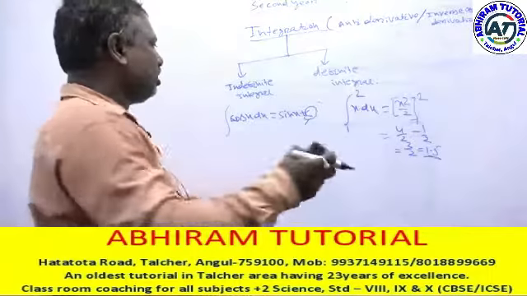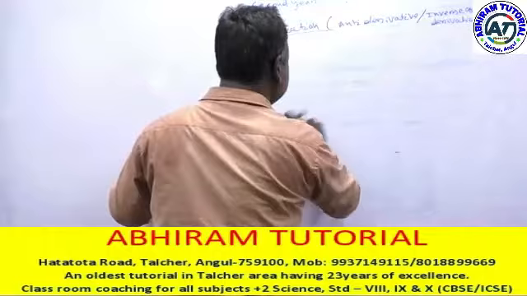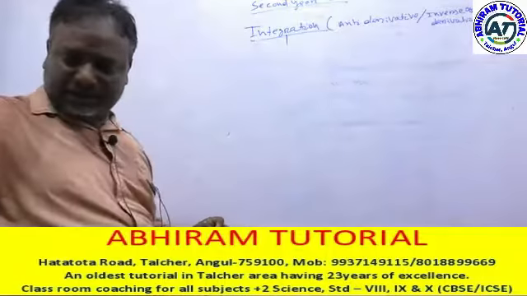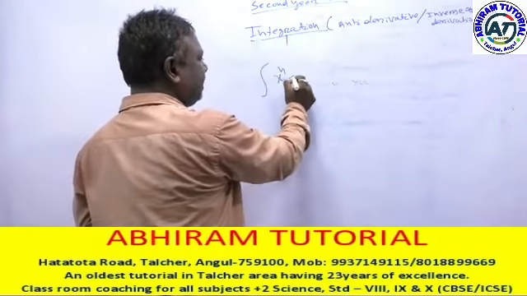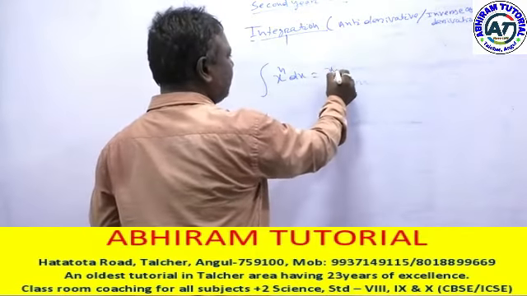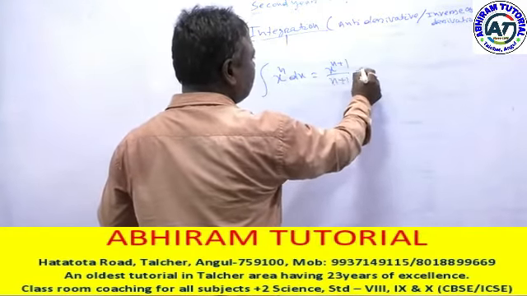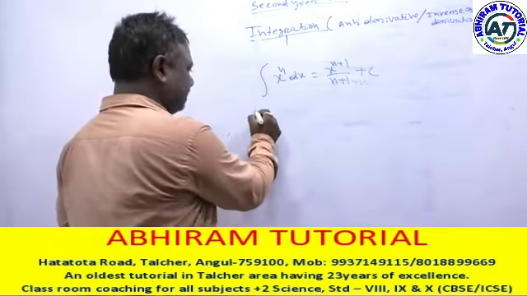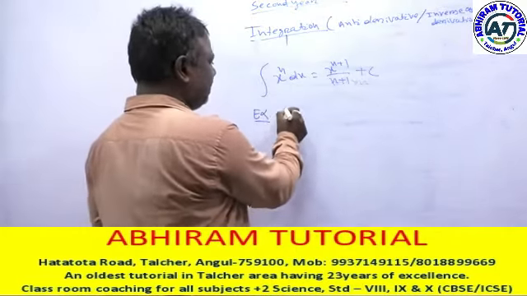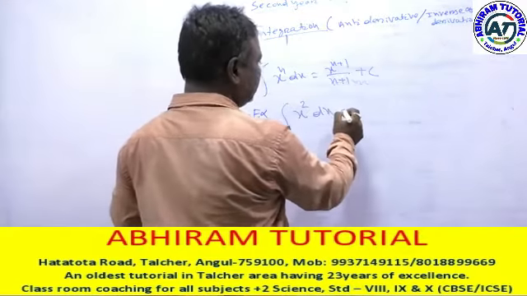So some indefinite integral formulas: integration of x to the power n into dx is equal to x to the power n plus 1 divided by n plus 1 plus c. Here n is not equal to minus 1. For example, integration of x square into dx is equal to how much?